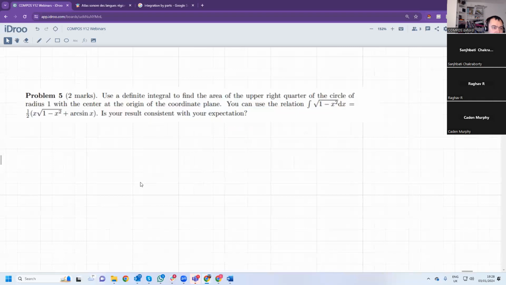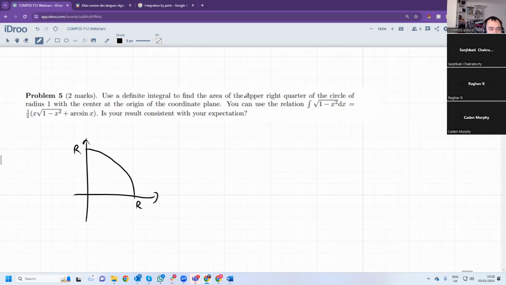So you have a circle of radius r, and for the area.